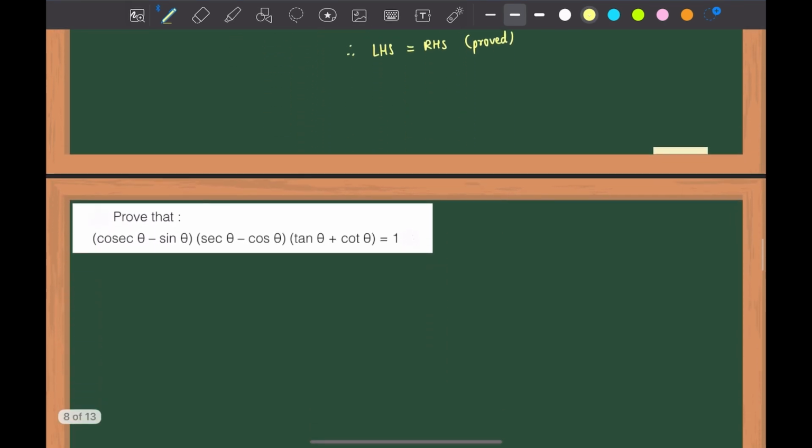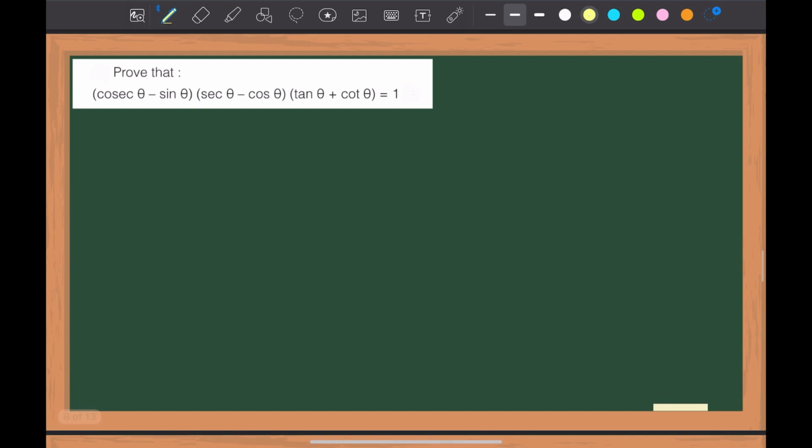Let us check another question, and in this particular question also we will be trying the same methodology that we have used in the previous question. So we will be starting off with the left hand side, and in the left hand side we have (cosec theta minus sine theta), then (sec theta minus cos theta), and (tan theta plus cot theta).